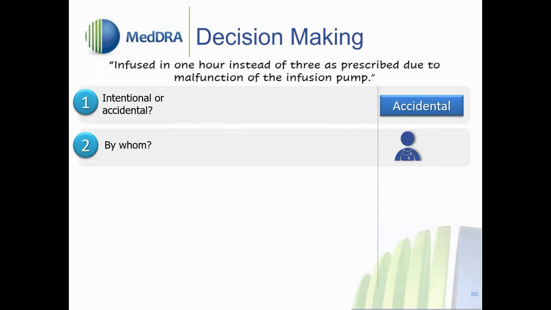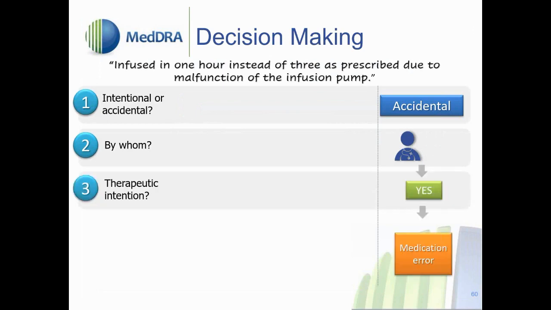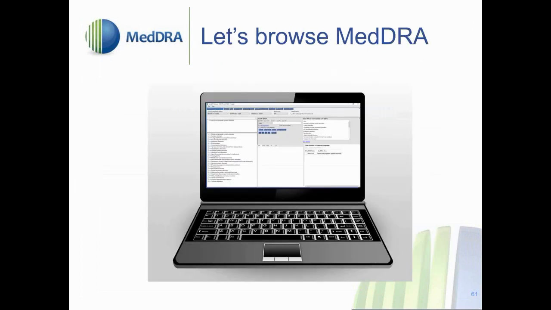This is not reported. There was an unexpected malfunction of the pump, meaning that the incident occurred accidentally, and it also occurred in the context of therapeutic use of the product. So it represents a medication error, but a somewhat different scenario as compared to our previous examples.